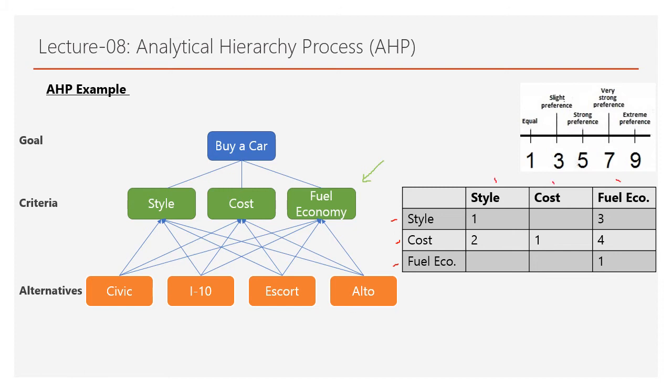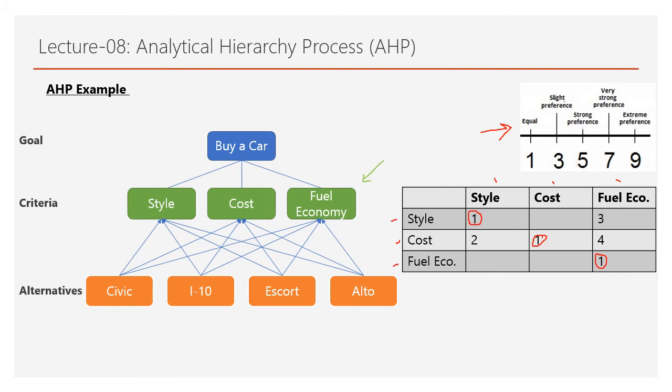And we would be using this scale to weigh the corresponding elements against each other. So for instance, on the diagonal, style to style, cost to cost, and fuel to fuel, we will have those ones. All right, guys, because they are equally important, they are the same criteria.